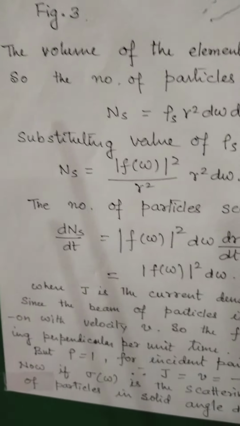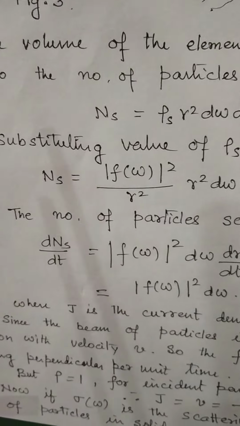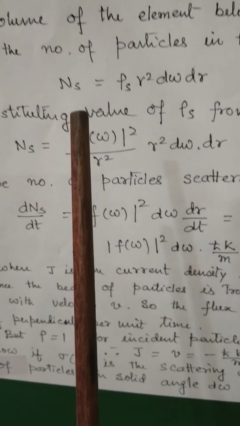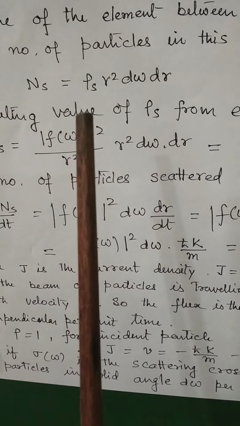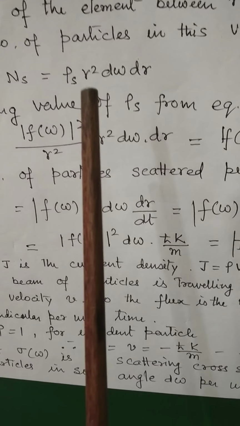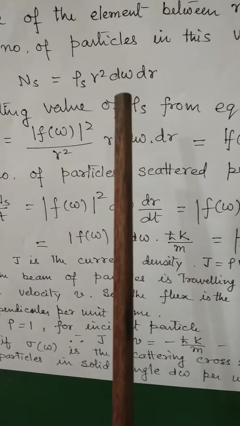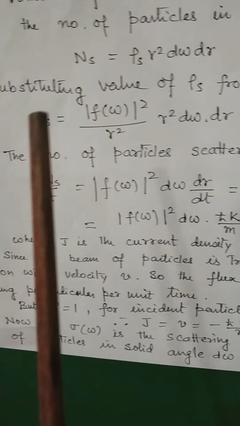Now the number of particles in this volume element is given by ns, which is equal to rho s multiplied by the volume element, that is r square d omega into dr.